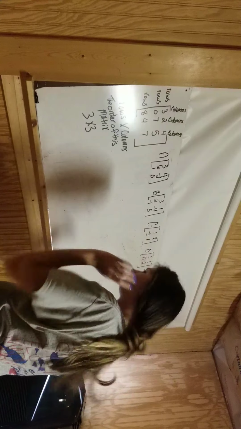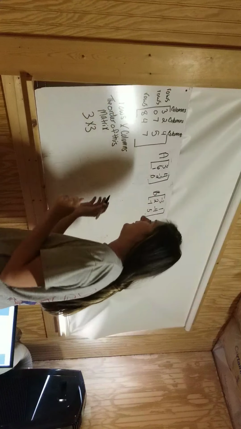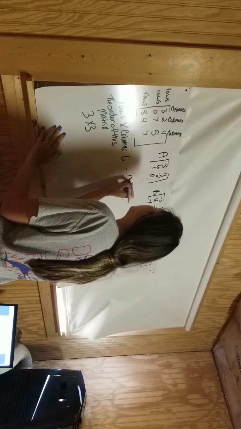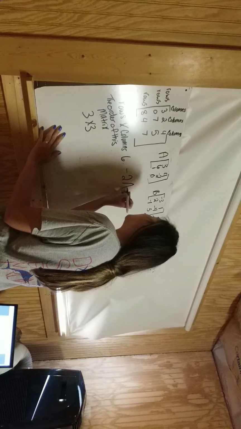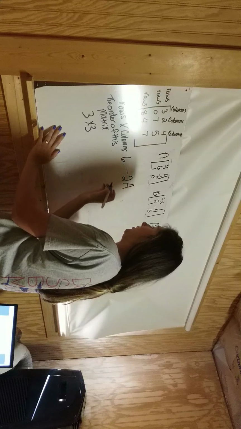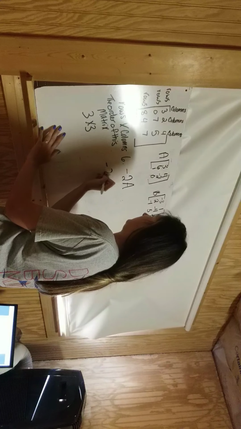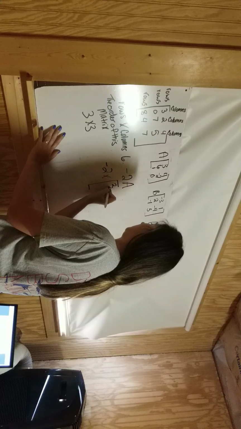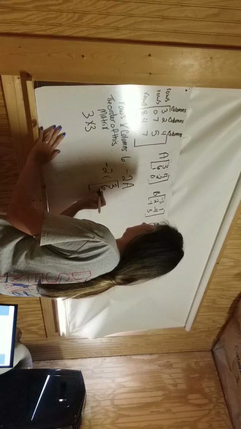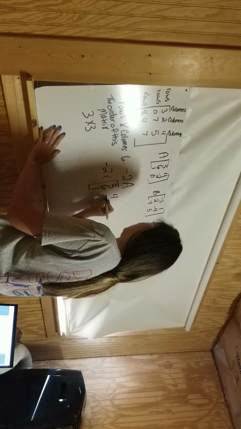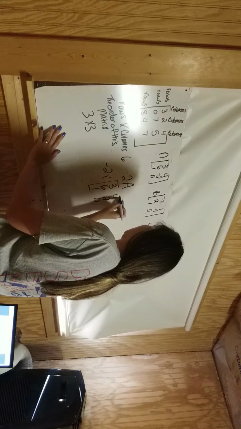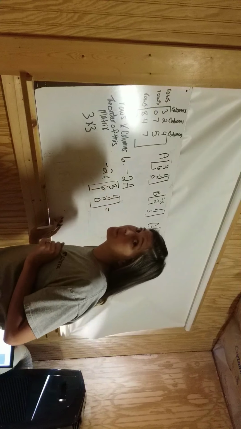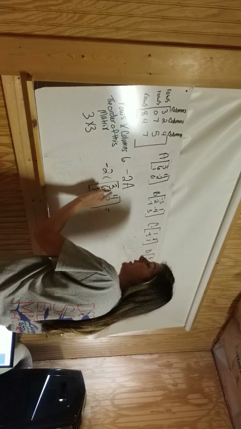Alrighty. Y'all have this one. I believe in you. Number 6 says negative 2 times A. So you're going to say, now I'm going to let y'all do this one on your own, okay? Negative 2 times 3.